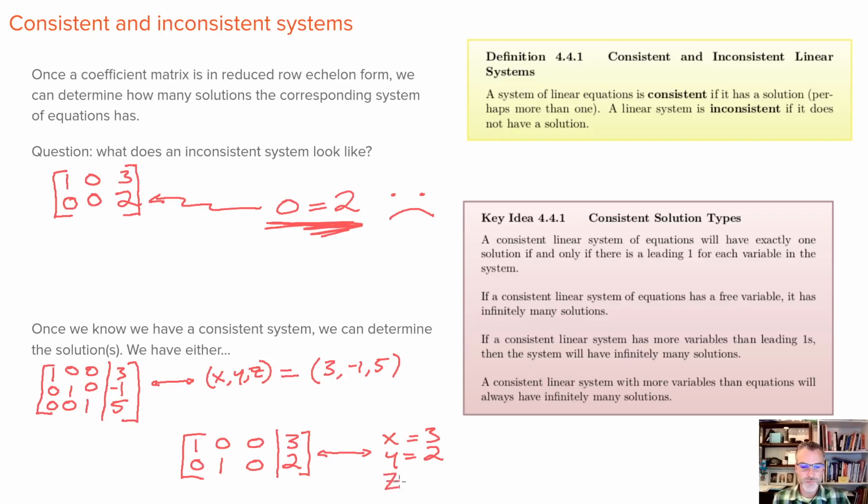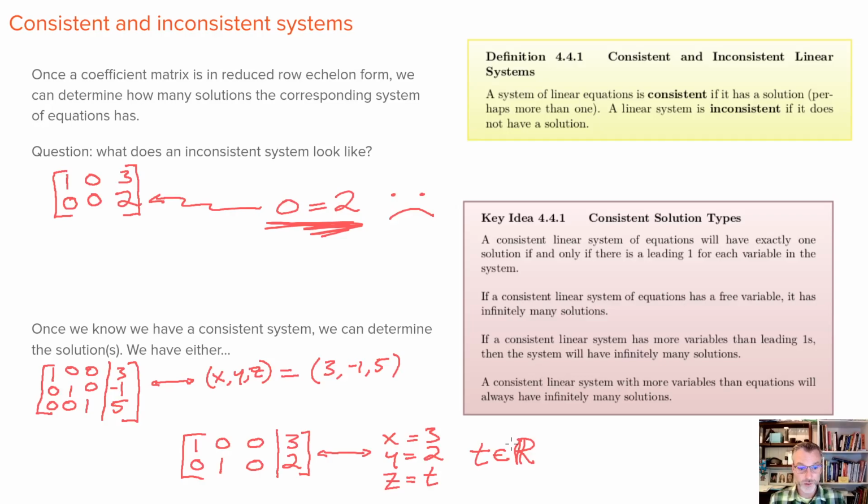So z ends up being what's called a free variable. Normally we write it something like this, like z is some variable t. Different authors will do it differently, and we might say that t is in the real numbers, just to indicate it can be any real number. So this is a consistent system.